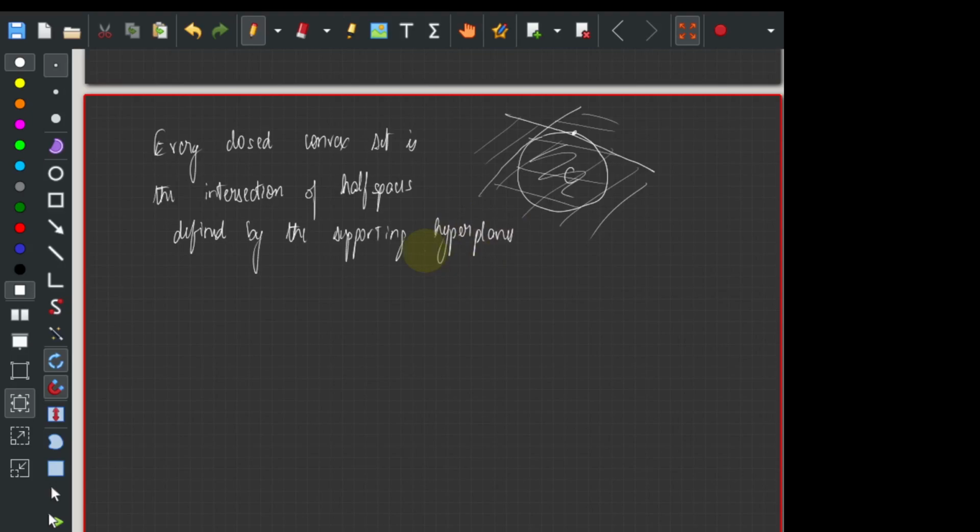So one way of looking at the convex set is as the intersection of half spaces.